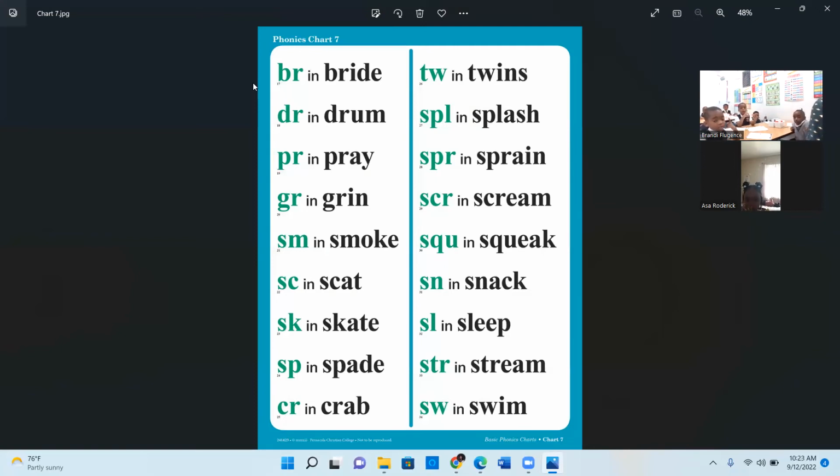SQU says squat, and squeak. SN says sn, and snack. SL says slow, and sleep.